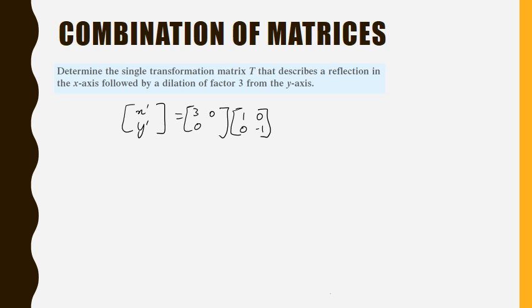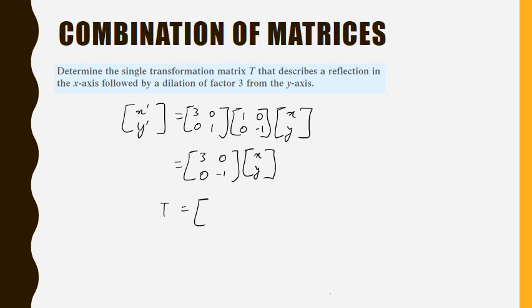So we want [[3, 0], [0, 1]]. So to find the matrix in the middle, you just simply multiply them. You should get [[3, 0], [0, -1]]. So the matrix is then [[3, 0], [0, -1]].